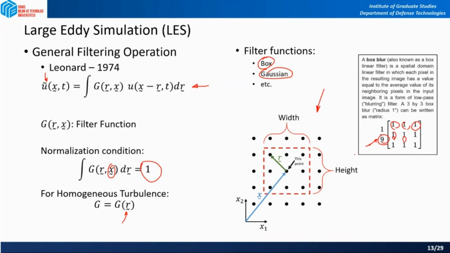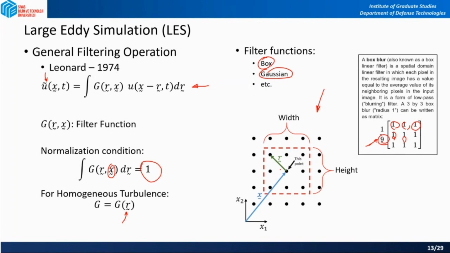And then you replace the original value of this point with the averaged value.